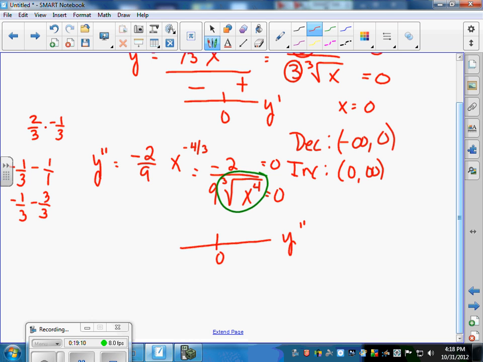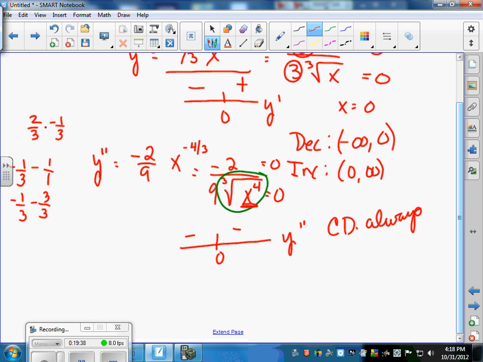The 9 is always going to be positive. No matter what number I substitute in, when I raise it to the 4th, it's going to be positive, and the cube root of that is positive. So I have a negative 2 on the top, and the bottom's always positive. So these will be negative both times. If you don't catch that, you can always substitute numbers in and get that. So that means we are concave down always. So no concave up, and that means no points of inflection.